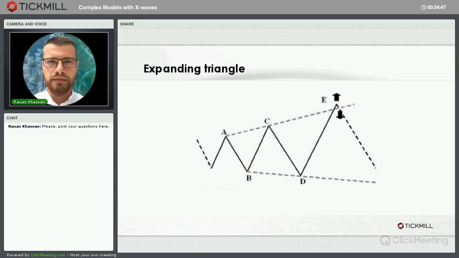The second rule is that none of waves B, C, and D should cross the second signal line AC, and that's especially critical for wave D. Finally, none of waves C, D, and E should cross the line BD. Once the last signal line, BD, is broken, you have got the signal to enter the trades.